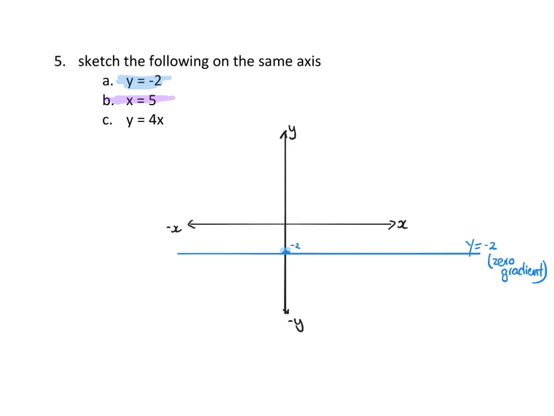Like, if I was sketching x equals 5, I need to be out here, not over here, yeah? So I just draw a straight line like that. That's what an x equals. This is x equals 5. Just show that I went through 5. Now, what's this one's gradient? Good. This one's an undefined gradient. Yeah.